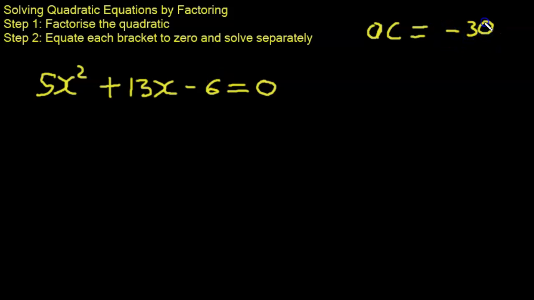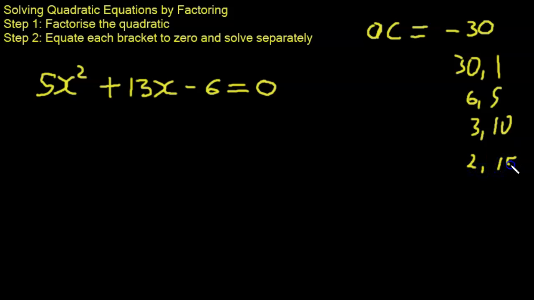And to get this pair of numbers that we use to rewrite the 13, we can list out all the possible values that multiply to give 30. So obviously, anything times 1, 30 times 1, 6 times 5, 3 times 10, any other? 2 times 15.